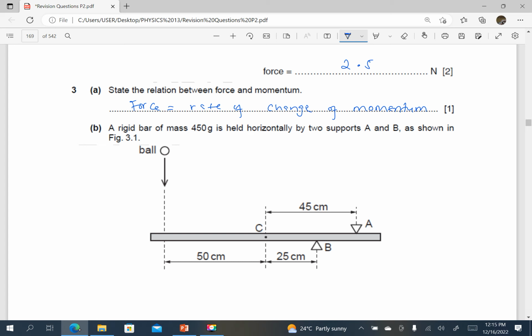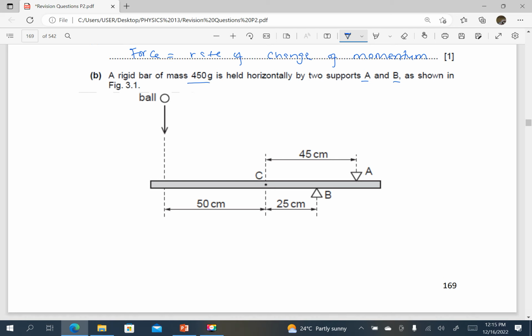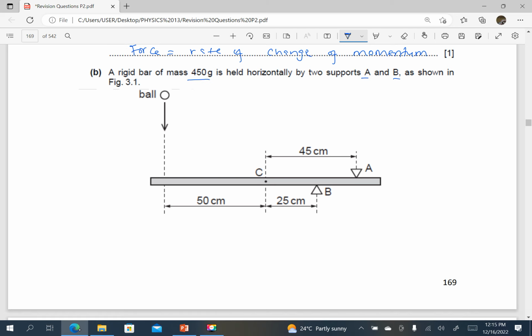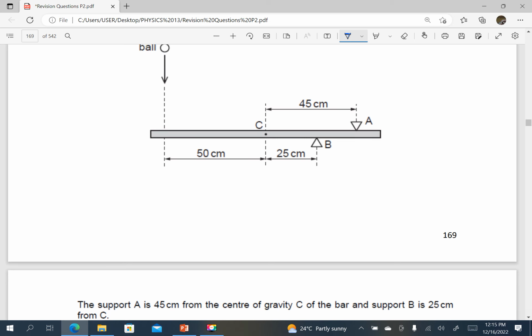A rigid bar of mass 450 grams is held horizontally by two supports, A and B, as shown in the figure here. Okay, we see a ball is falling on one end of the rigid bar. So we can see this is the center.